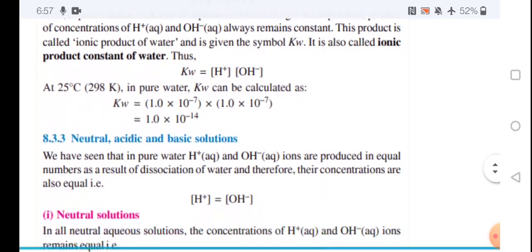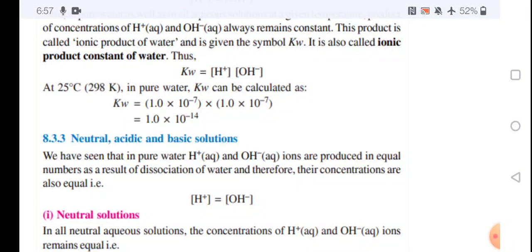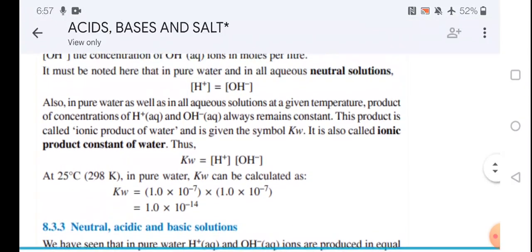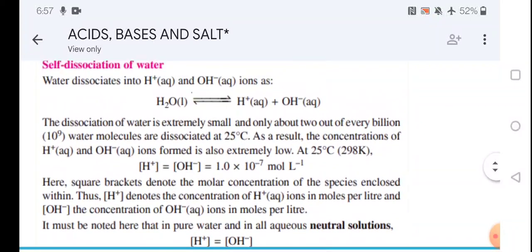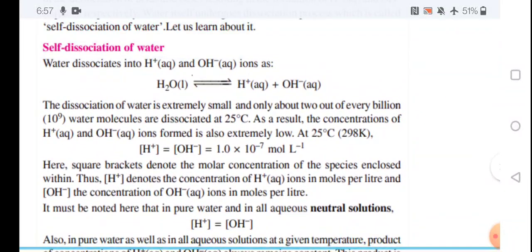Next, neutral, acidic and basic solutions. We know that for pure water, the concentration of H plus ions and the concentration of OH negative ions will be the same.